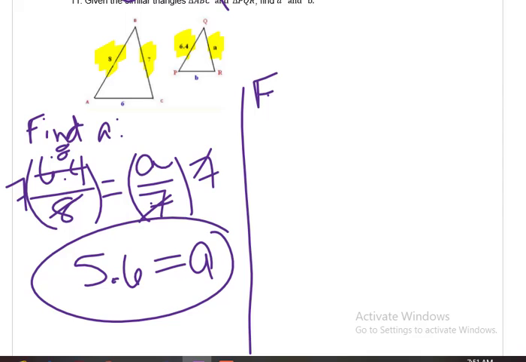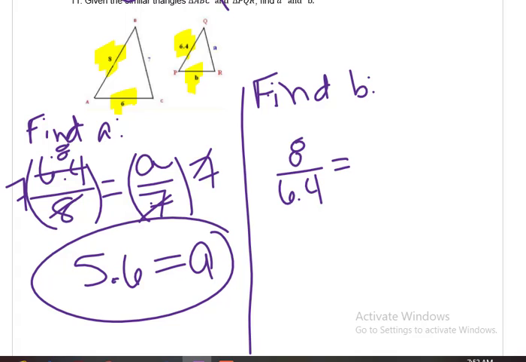Now let's find b. I see that b corresponds to 6. So I will write 8 is to 6.4. Remember, I can start my proportions with whatever goes in the numerator and denominator any way that I want. I just have to be consistent.